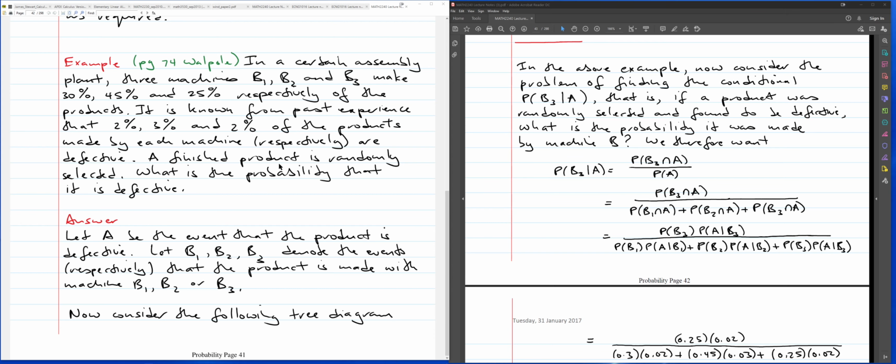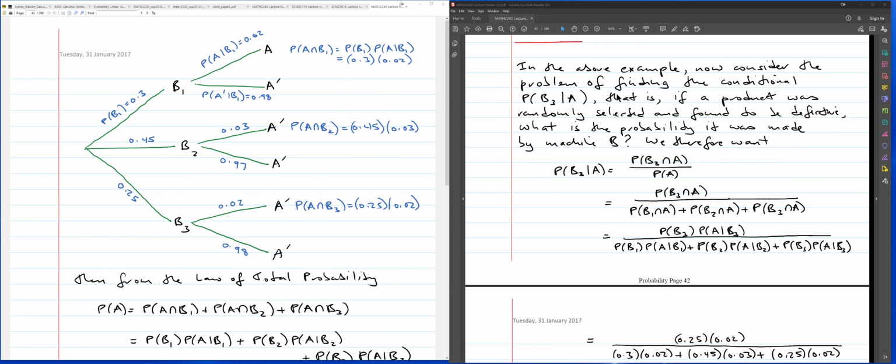For that example, we want to get the conditional probability of B3 given A.